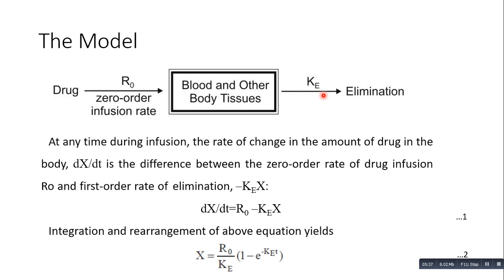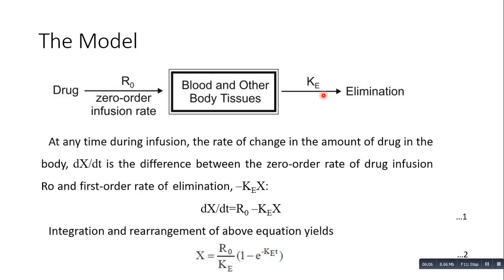So the equation will become dX/dt equals R0 minus KeX. Now if we integrate the equation and rearrange, that means after integrating and converting into natural log and then into exponential form, we will get X equals R0 over Ke into 1 minus e to the power minus Ket.